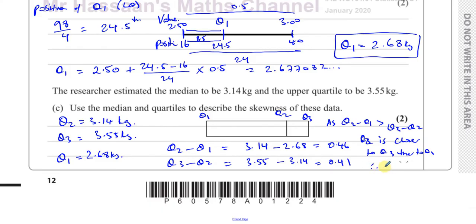Therefore, we have negative skew. Really I should have done this question on the other page, but it's done now. As it looks like this, it's not too skewed, because they're not far away from each other, but yes, it is negative skew. So that's the answer here for part C of this question.